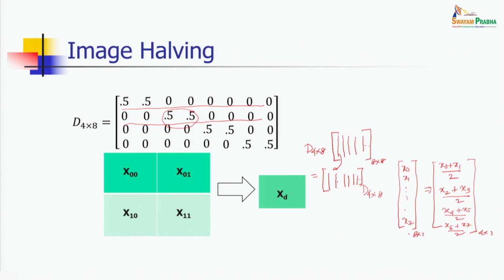Next, I also have to reduce the rows. In the same form, I take the transpose of this matrix.